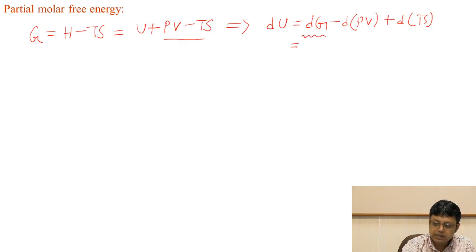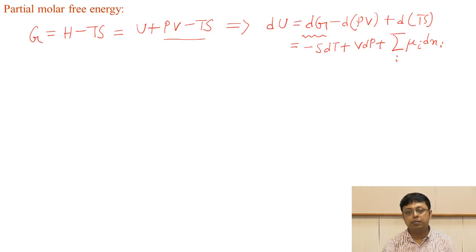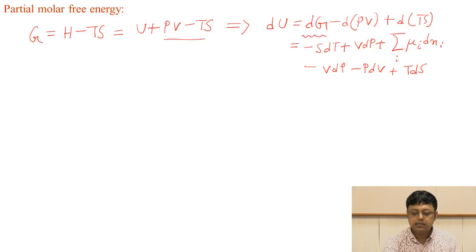So now for dG you can write minus SdT plus VdP plus the sum over mu i dn i terms, because we are considering mixing right now, and then you can figure out all the other terms will cancel out, because if we take the pressure derivative first, it will be minus VdP, then minus PdV, plus we have TdS plus SdT. So this SdT cancels out and VdP cancels out.